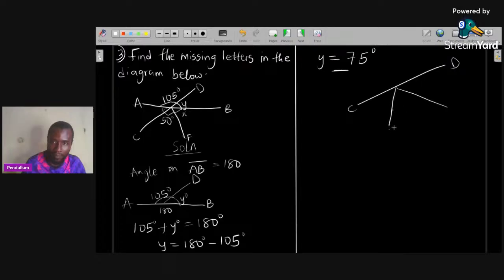This is F and this is B. Remember, this is B here, the other part of line AB, and then this is F. So we know that this place is 50 degrees, and here, which is Y, we found to be 75 degrees. We are looking for X here. This question is too simple.